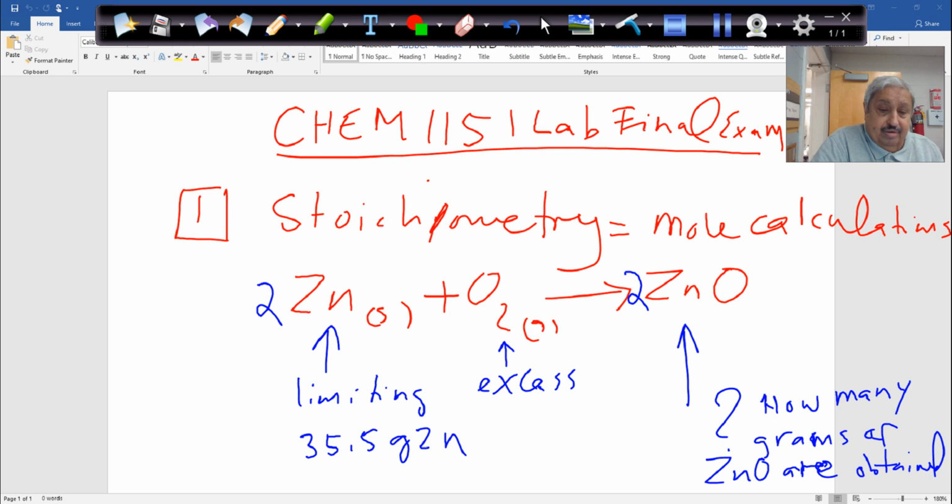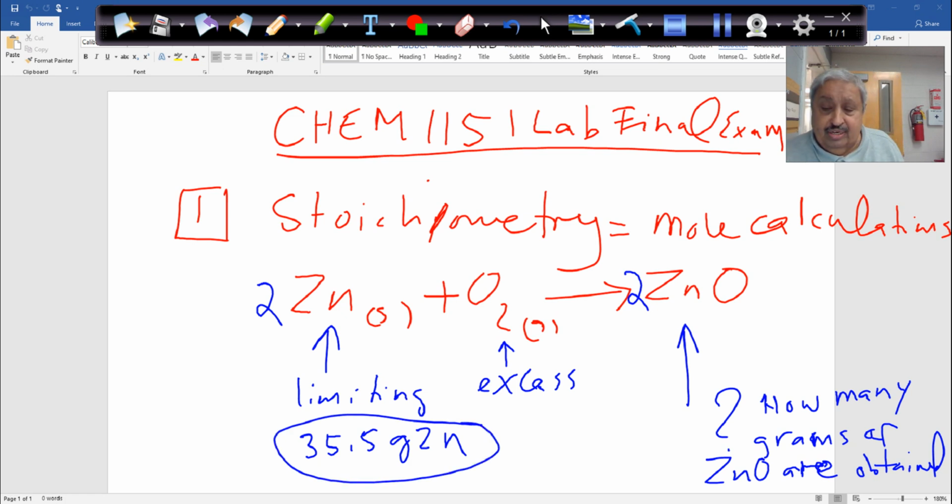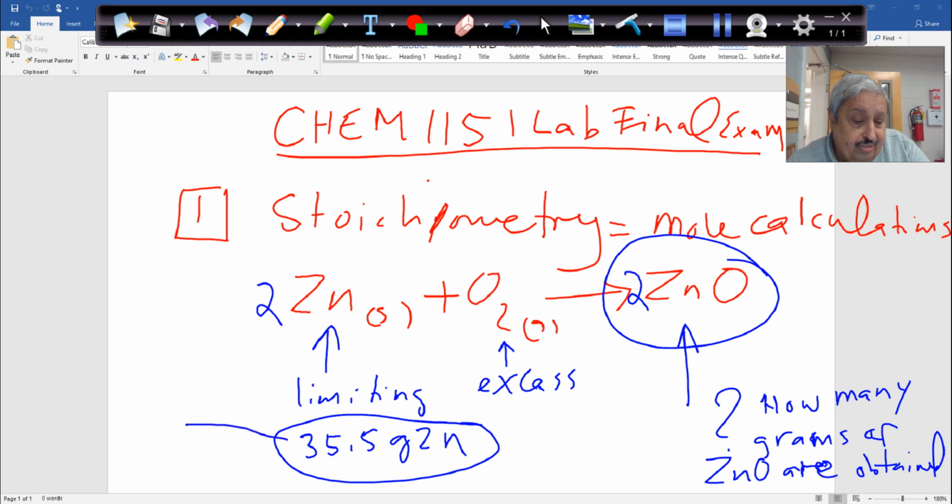So let's solve something like this. We have zinc limiting, which will be consumed 100%, and you have 35.5 grams of zinc. We want to see how much zinc oxide you will obtain. In order to get through this, we have to put in the balanced equation, and we first have to know the mole to mole ratio.